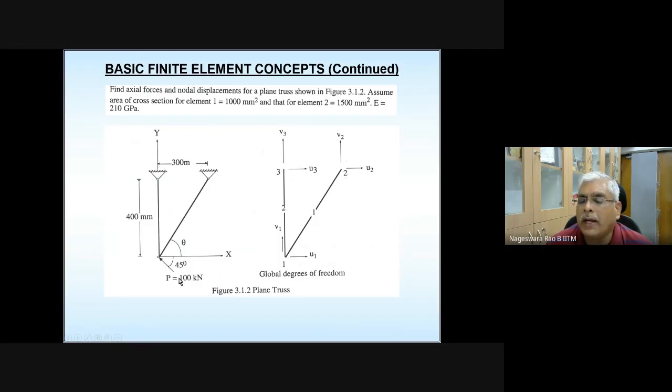This inclined load is applied in this direction. Just see what we got. Element 1 is in tension, element 2 is in compression. Is it making sense? In fact, it's going to be that way. So the solution is making sense. So that is how you need to verify.